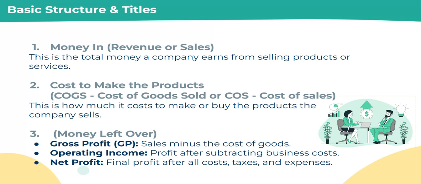So the money left over, the good stuff: the gross profit, GP, sales minus the cost of goods, operating income, profit after subtracting business costs, net profit, final profit after all costs, taxes, and expenses.